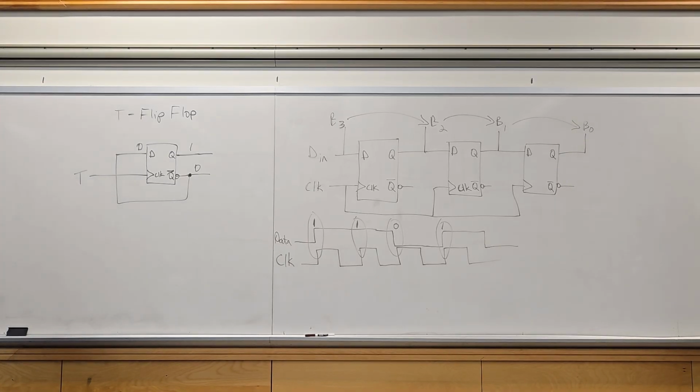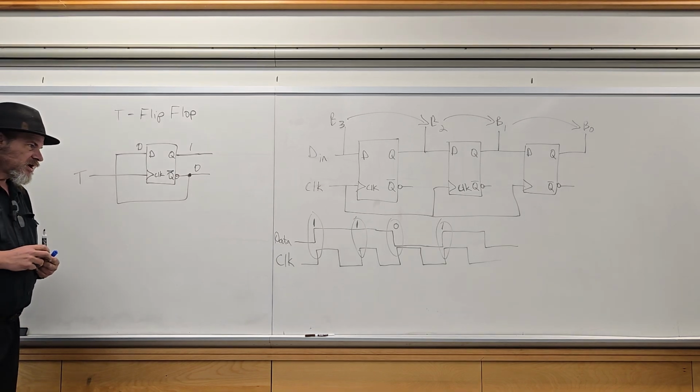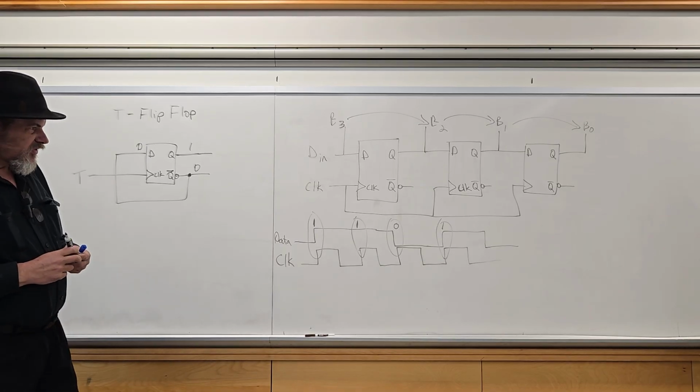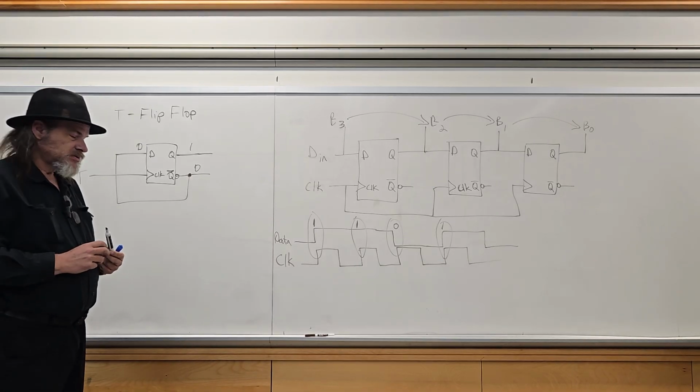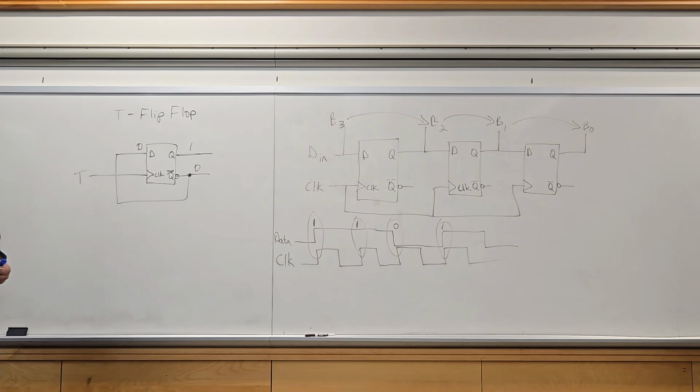In a USB, I believe there's 4 lines: data, clock, and 2 power lines, or something like that. I don't remember the exact protocol for the USB, but it works on the same principle.